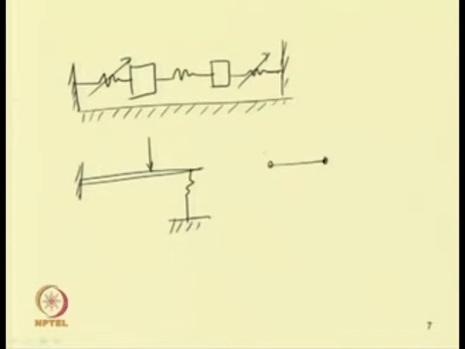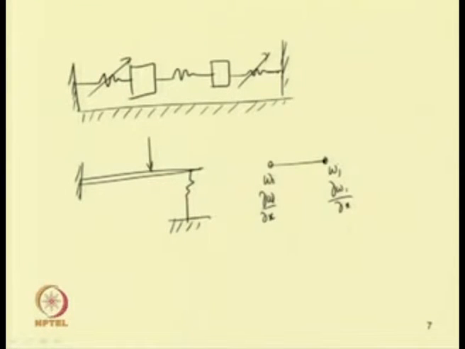For the ith node, this is the displacement w i and the slope, that is del w by del x. Similarly, at the j node it will be w j and del w j by del x.